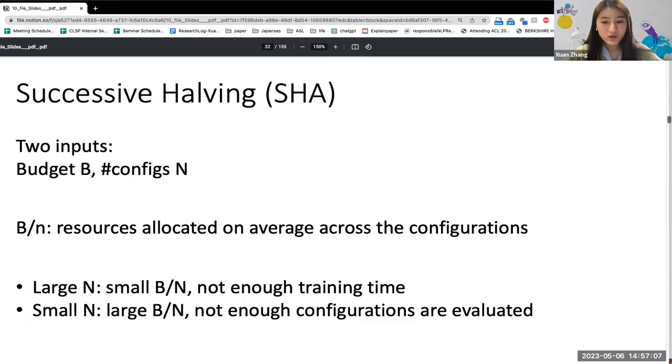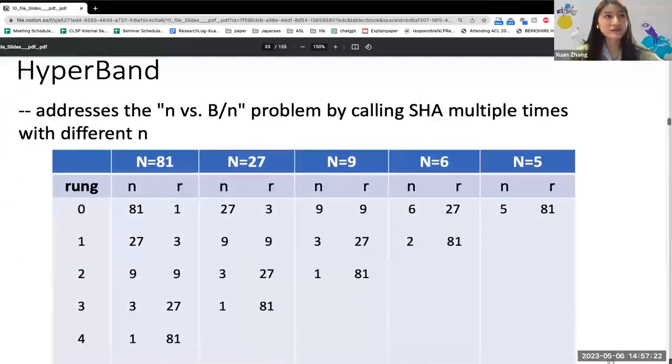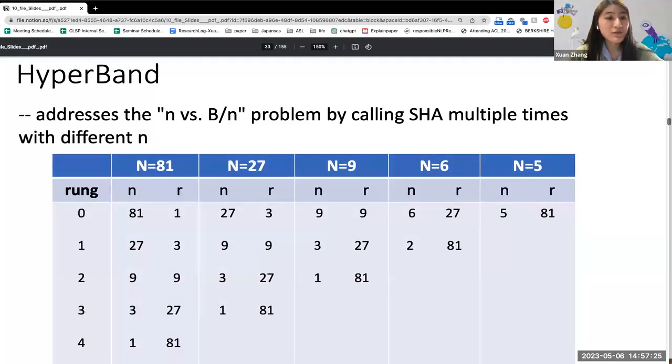If n is too small, not enough configurations are evaluated. However, in practice, the optimal allocation strategy is uncertain. That's why we have hyperband. Hyperband is another multi-fidelity method that tackles the n and B trade-off problem. It's built on successive halving and suggests carrying out successive halving multiple times with different budgets and configuration settings.